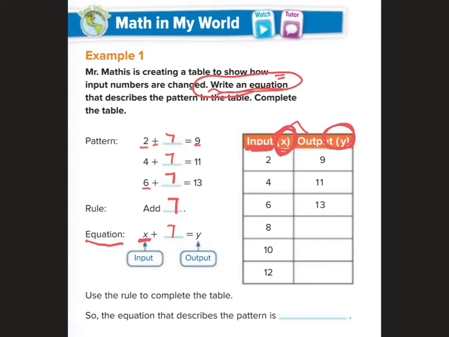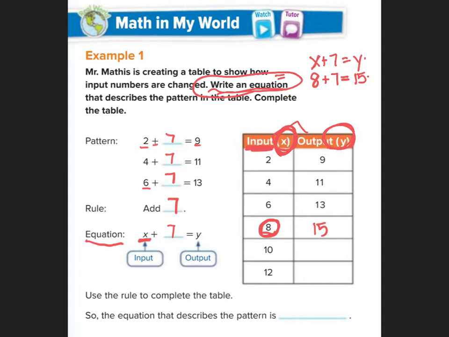So if I have my equation, x plus 7 equals y, I notice my next term that I need to put in is an 8. So instead of x, I'm going to plug in an 8 and do 8 plus 7 equals 15. So instead of my y, I noticed that became a 15, right?